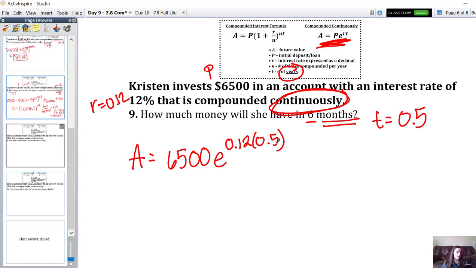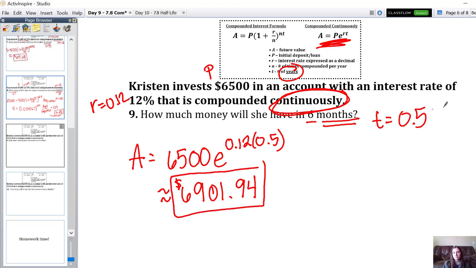And I got 6901.94. So in half a year, Kristen made a little over $400. That's not too bad. Could be better, but it's not bad.